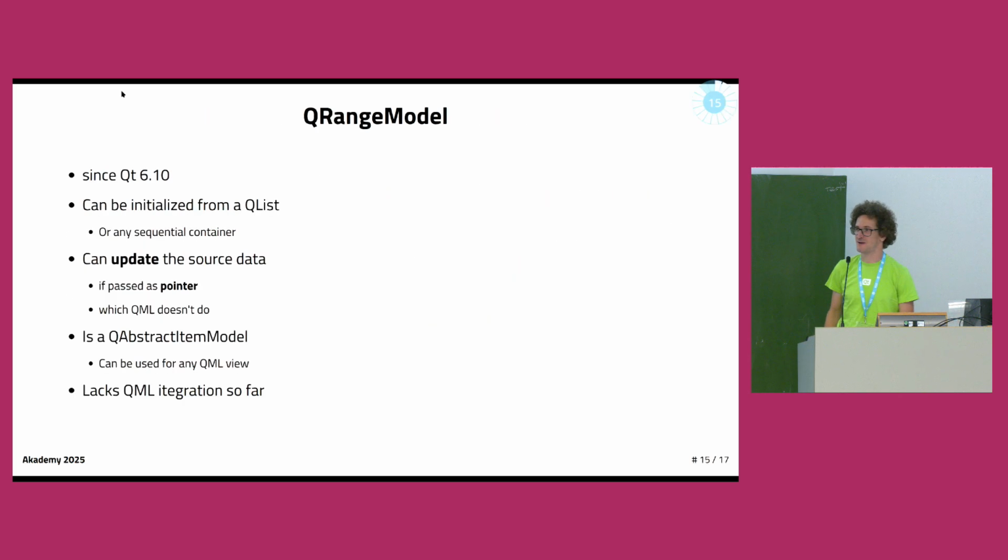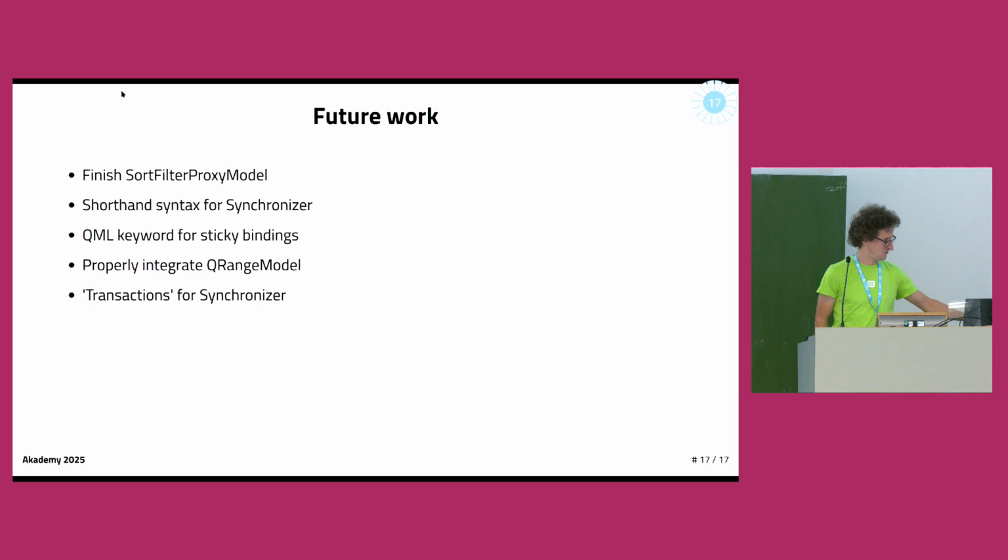So maybe we can use QRange model for that, which is also new in 6.10 and does exactly that. You can stick in any kind of weirdo container into QRange model, and it can actually modify it in place and propagate the changes back to the original container. Ain't it nice? But we don't really have a QML integration for that.